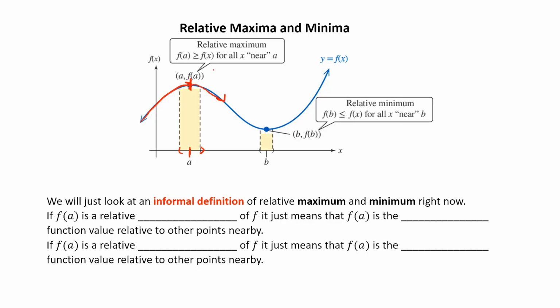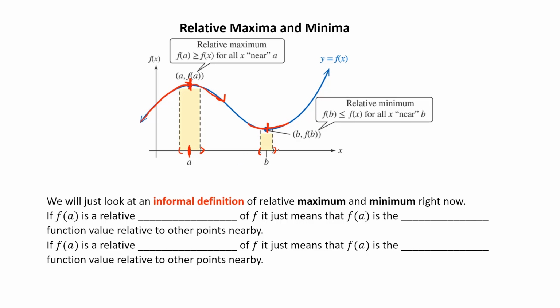And so those places are called relative maximums if it's the highest spot or has the greatest value of f of a in an area close to x equals a. Or a relative minimum value like this, f of b, when you're close to x equals b.